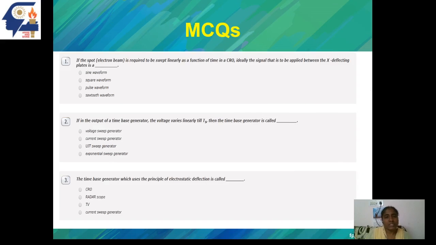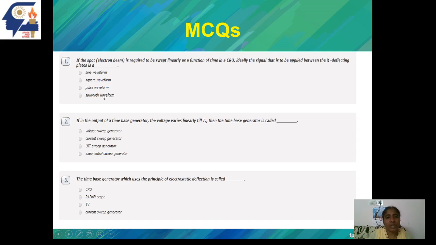Based on this discussion, we will see a few questions. First question, if the spot is required to be swept linearly as a function of time in a CRO, ideally the signal to be applied between the X deflecting plates is a sawtooth waveform.